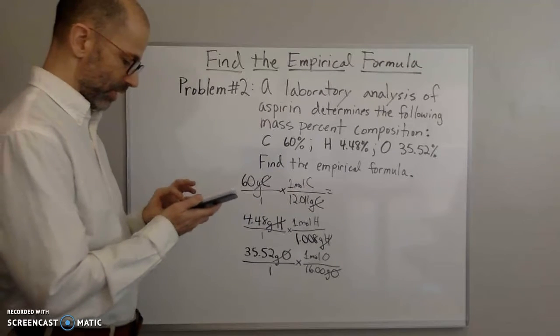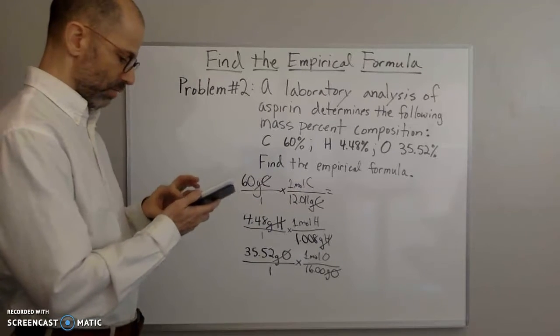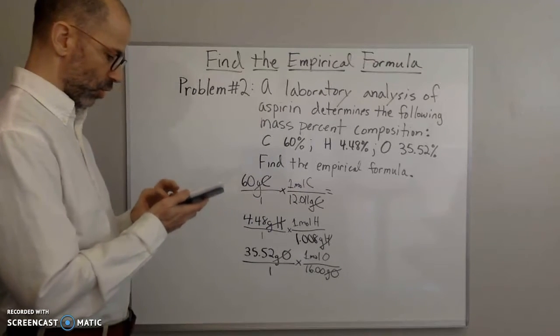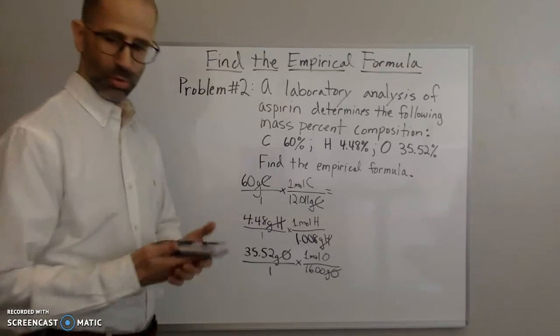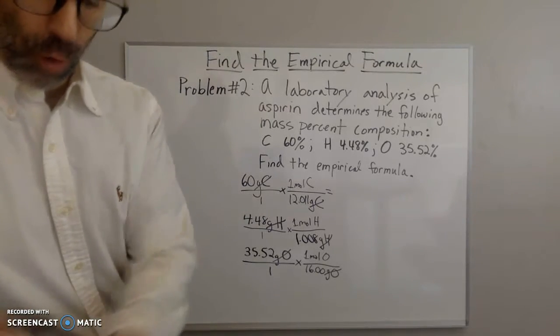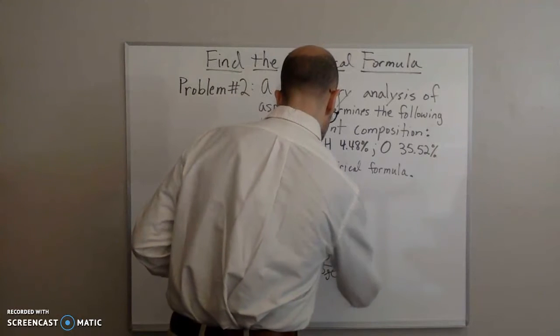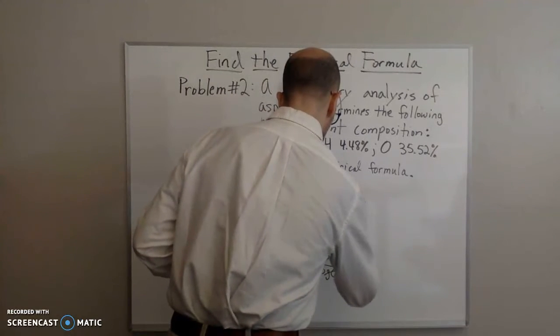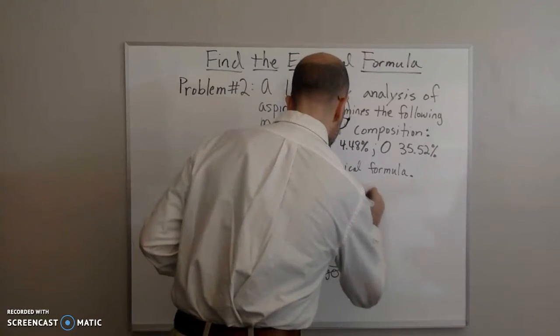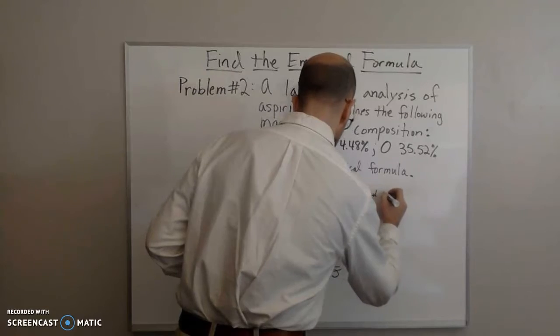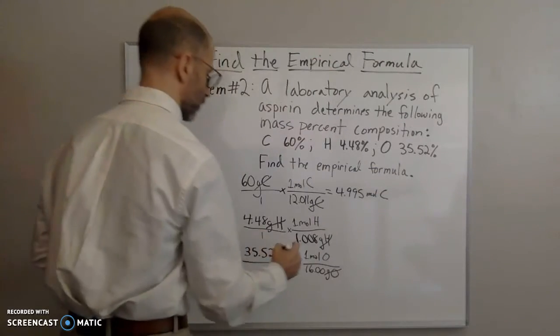So I have 60 divided by 12.011. That's equal to 4.995. So I have 4.995 moles of carbon.